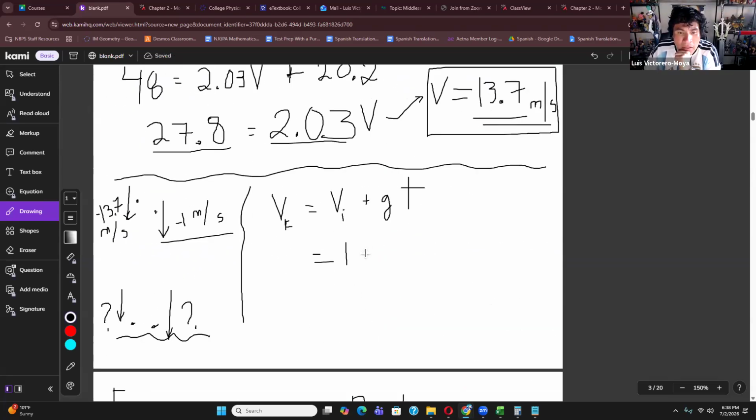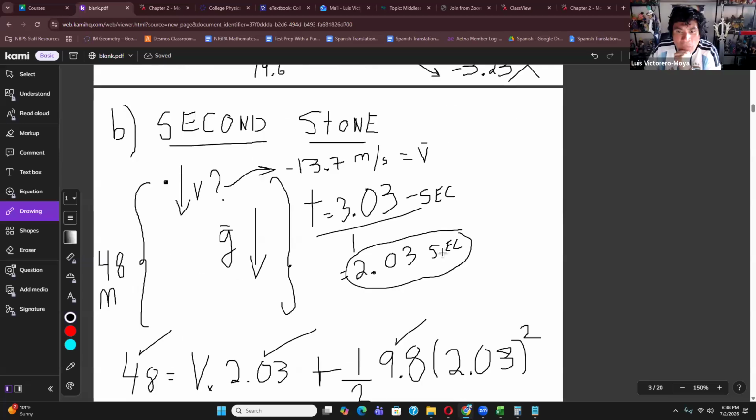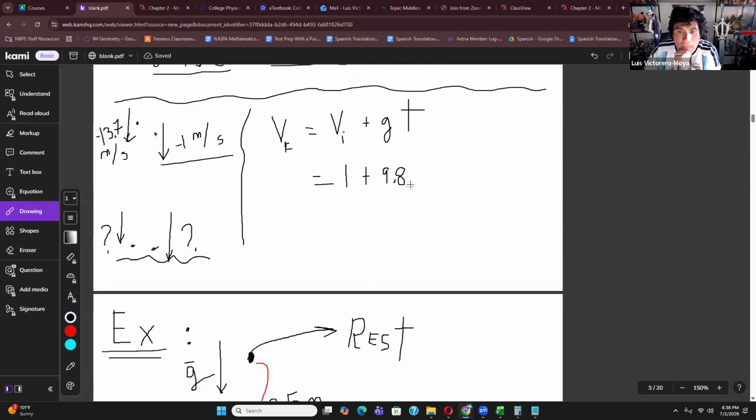So 1 plus 9.8 times the time. What's the time for the first stone? 3.03. Okay, so what do you get? You should get about 31, 30 something, close to 31 meters per second.